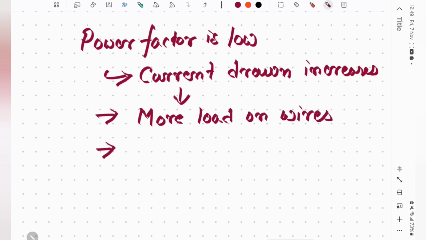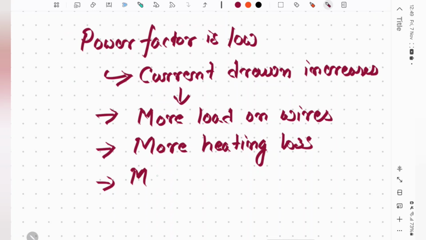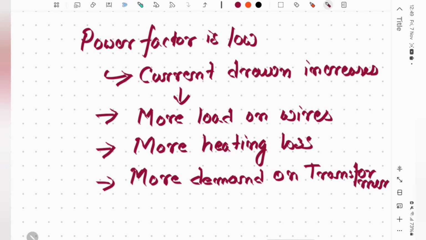And then what are the other effects? More heating loss. Then more demand on the transformer. Electricity companies charge extra if your power factor is low. The companies distributing the electrical power charge extra because of the low power factor.